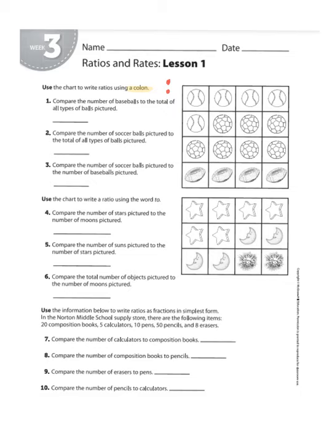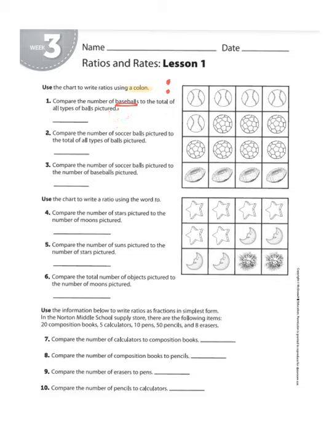So, for example, number 1 says, compare the number of baseballs to the total of all types of balls pictured. So, all together we have 16. So, I write 1, 2, 3, 4. Yep, we have 16. And specifically, they're asking about baseballs. No, there's 5 baseballs.